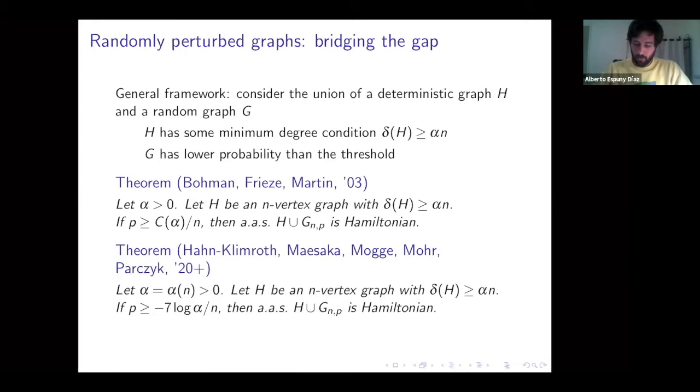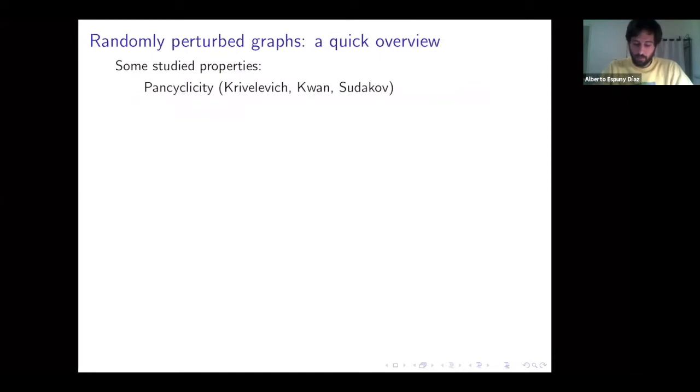And I should say that since Bohman, Frieze, and Martin started studying this, there has been a very large amount of research on this topic. So for instance, Krivelevich, Kwan, and Sudakov studied pancyclicity, which is the property of containing cycles of every length. So we say that a graph on n vertices is pancyclic if it contains a cycle of every length between 3 and n.